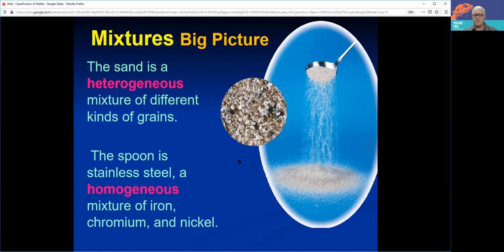So if we look at these mixtures in a bigger picture, the grains of sand are a heterogeneous mixture of different grains of rocks. And the way sand is made is it's a variety of rocks that have been ground down over the millennia by wind or by water.